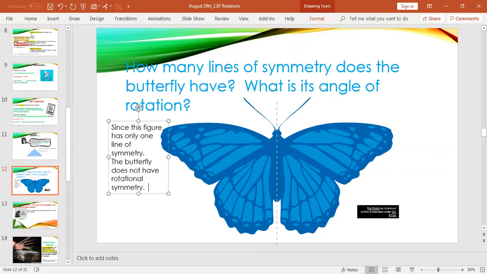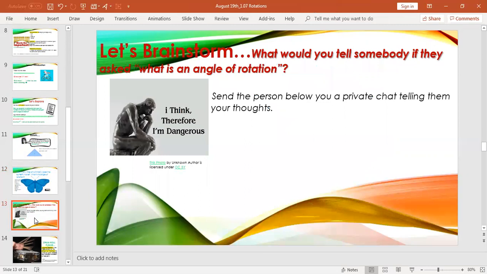Okay. The angle of rotation, remember, is 360 divided by the number of lines of symmetry. So the angle of rotation is 360 degrees. All right, and that's no rotational symmetry. So it only has rotational symmetry if it rotates onto itself between 0 and 360.